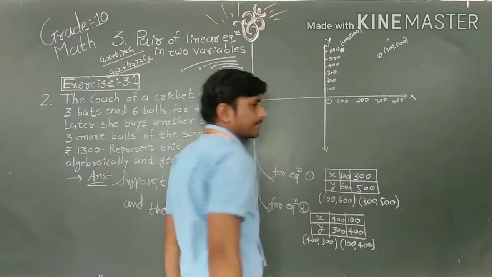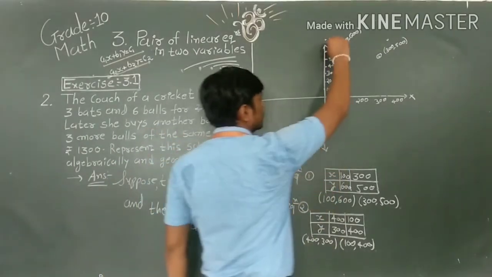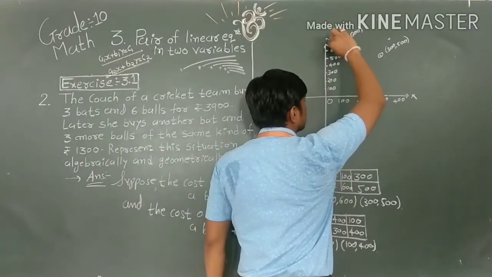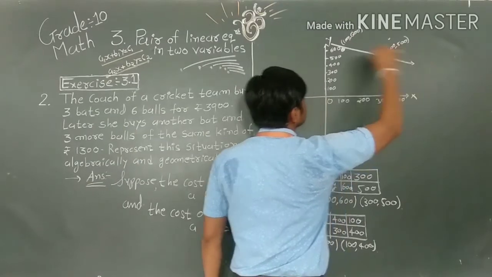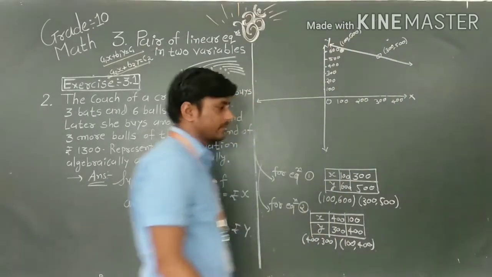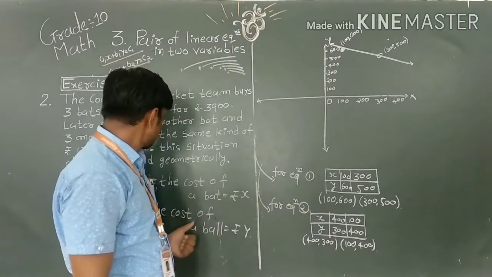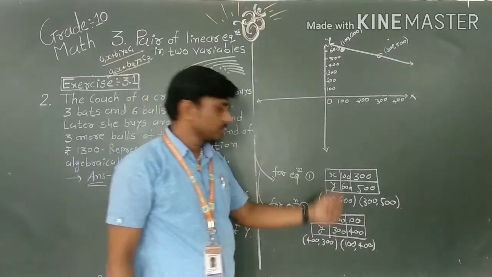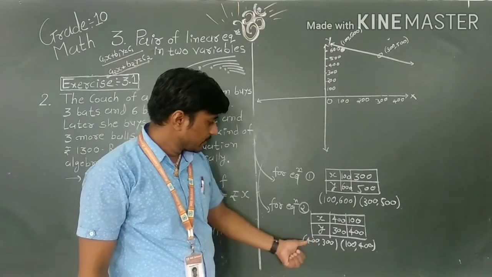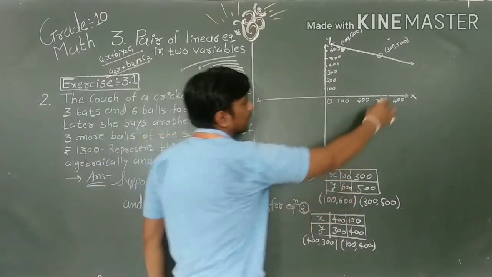Okay. Now join those 2 points. We have a straight line for equation 1. What is it? The first equation.